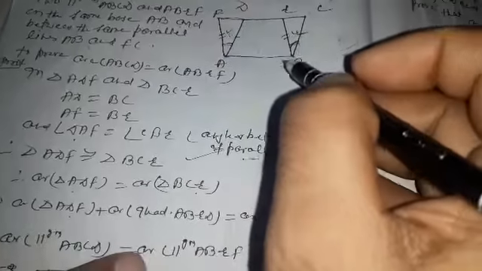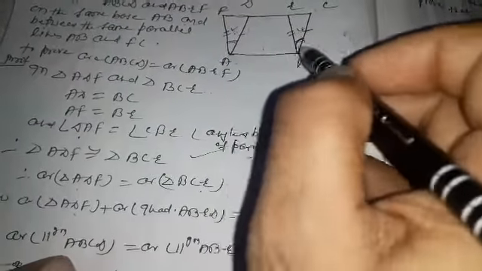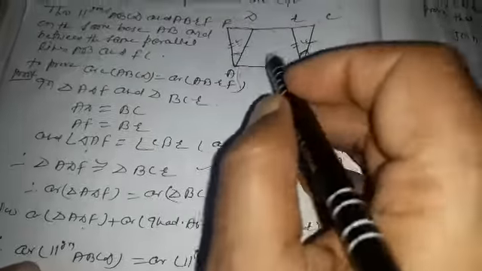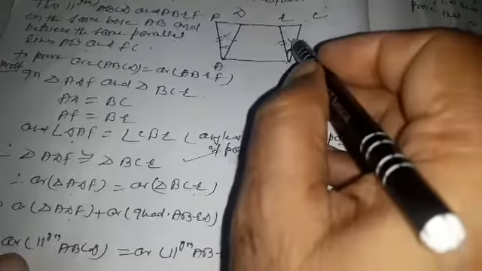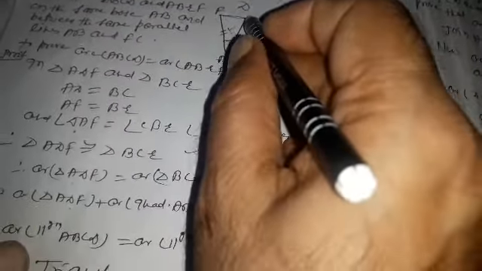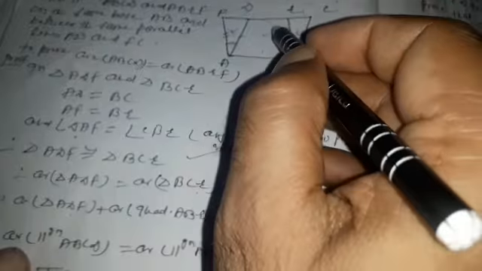So area of ABEF is equal to area of ABCD, because the area of this portion and this portion means the area of this parallelogram. So area of ABCD is equal to area of ABEF.